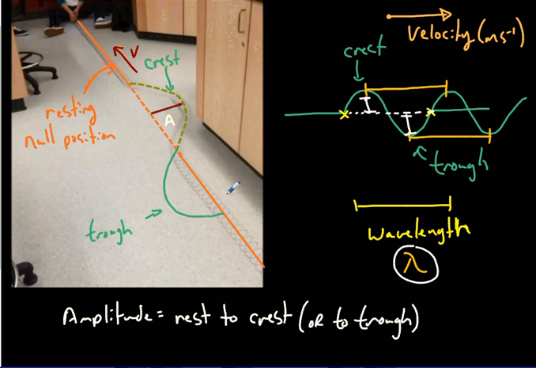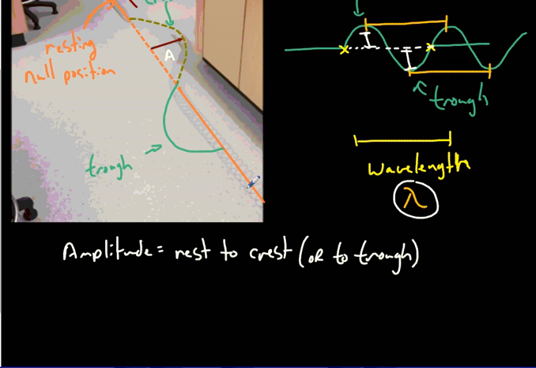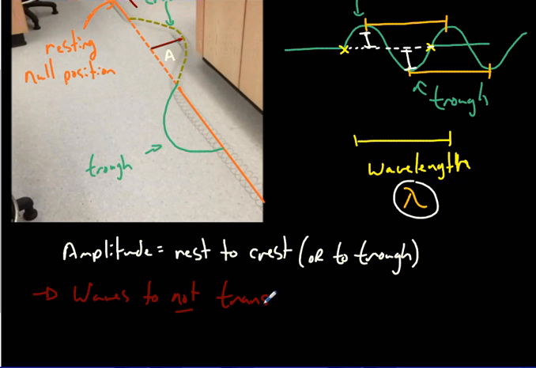The medium itself is not changed really in any way, right? Once the disturbance passes, it just returns to normal. So we should write that down. Waves do not transmit the medium from one place to another.